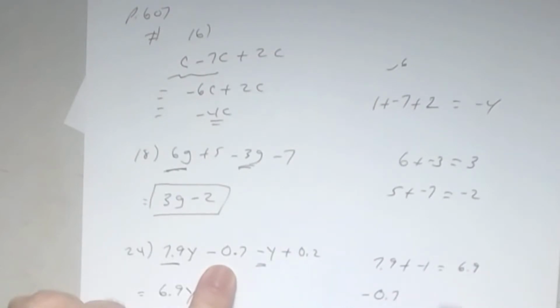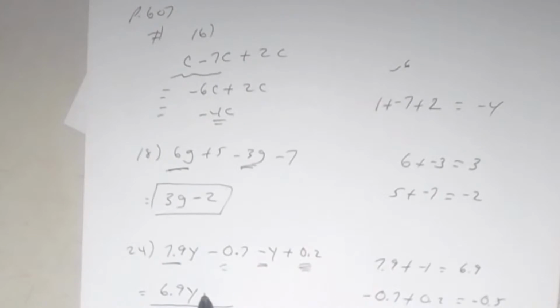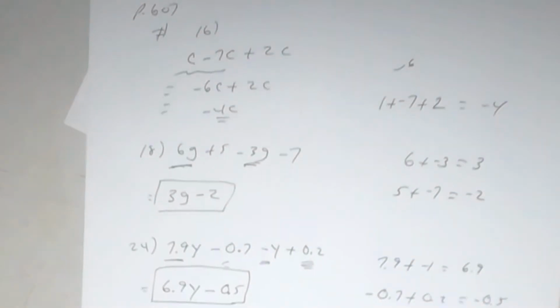Negative 0.7. So you punch in negative 0.7 plus, and then what's this constant right here? Okay, 0.2. And what does your calculator give you? All right, so negative 0.5. So how do I write the answer? 6.9y minus 0.5. Okay? So any questions on that?